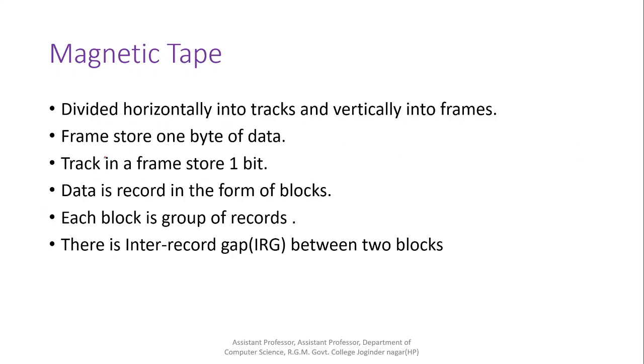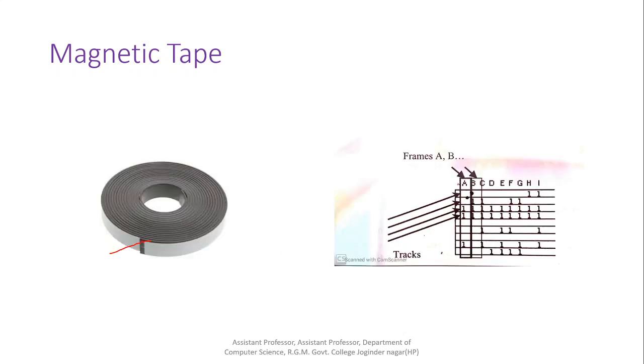A frame stores 1 byte of data, and each track in a frame stores 1 bit. As we see in this diagram, these are different frames: A, B, C, D, E, F.